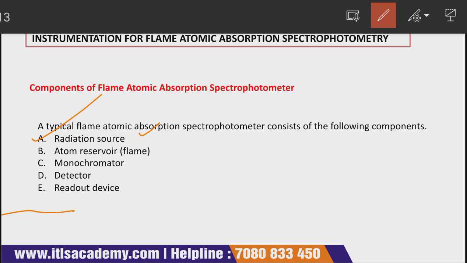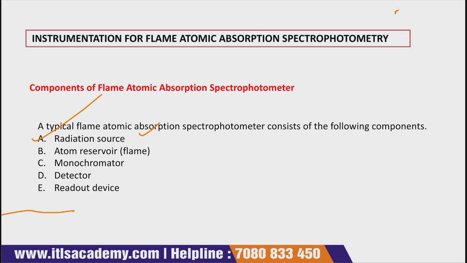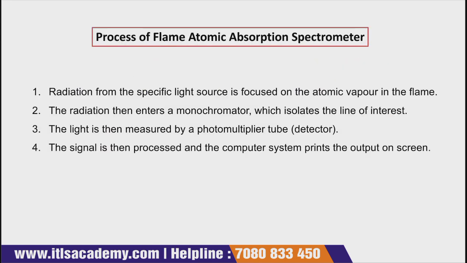It is a very integral part of the flame emission spectrometer. It helps us draw the graph of the emission spectrum for various atoms of the sample, with the help of suitable software. So this is about the instrumentation part.